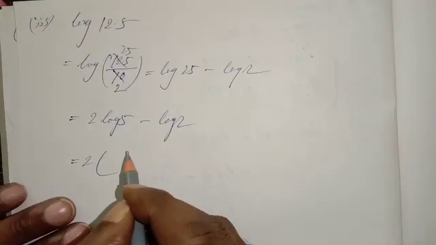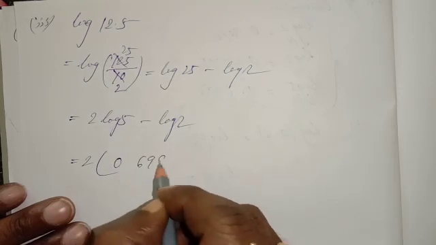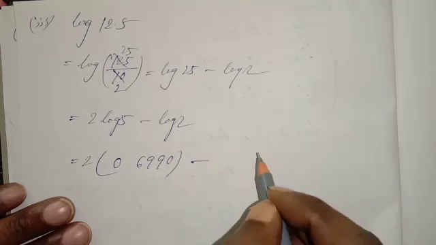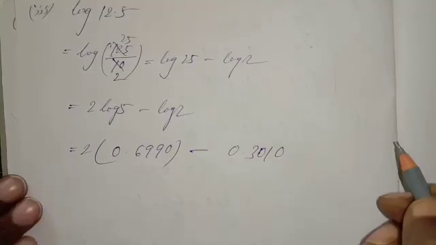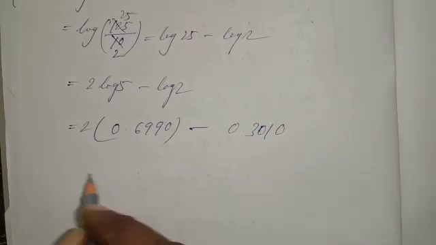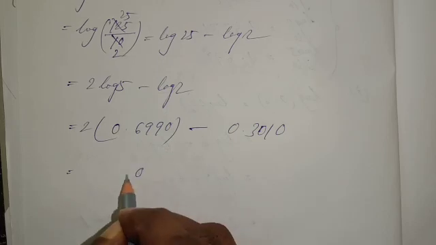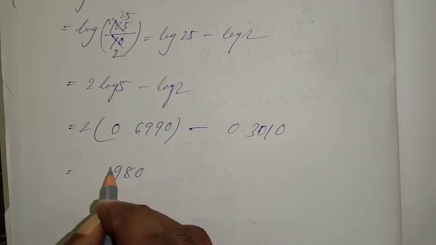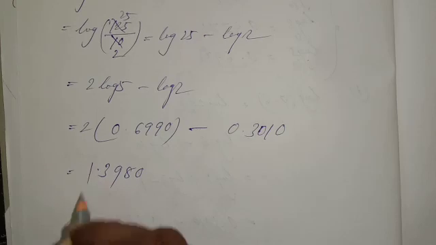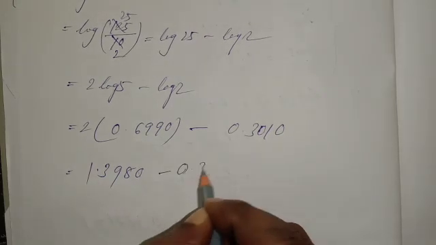What is the value of log 5? The value of log 5 given is 0.6990, minus log 2 value given, 0.3010. First you have to multiply 2 times 0.6990, which is 1.3980, minus 0.3010.